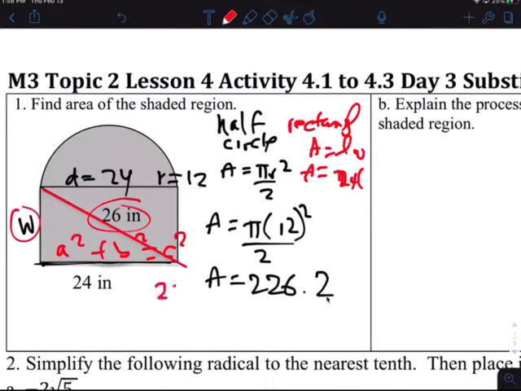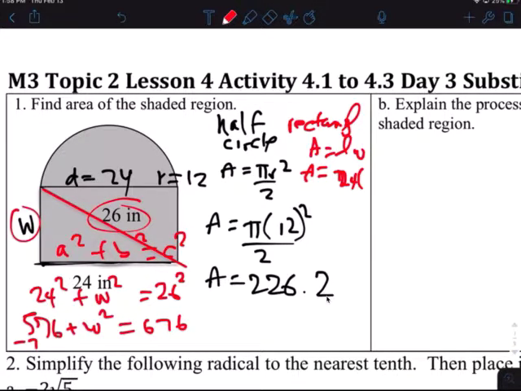So that's 26 squared equals 24 squared plus the width squared. 24 times 24 is 576 plus width squared. 26 times 26 is 676. Subtract both sides, you get 100.